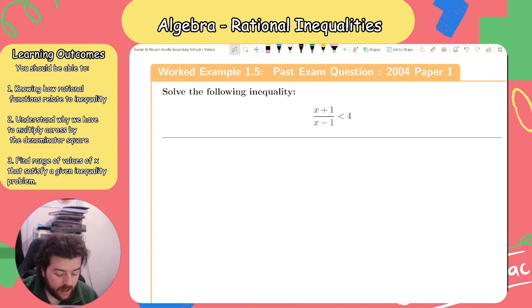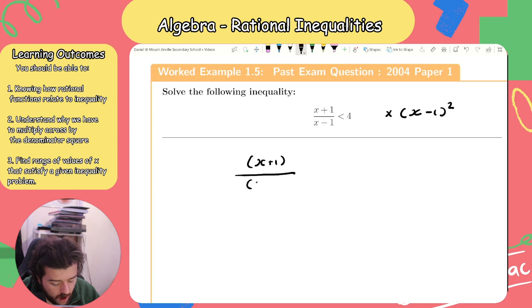So here's an example. x plus 1 all over x minus 1 is less than 4. I need to multiply both sides by x minus 1 squared. So that's x plus 1 all over x minus 1 multiplied by x minus 1 squared is less than 4 times x minus 1 squared.